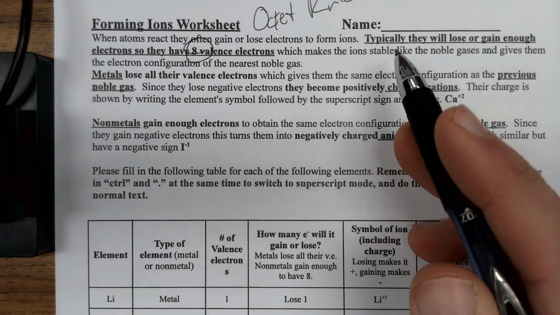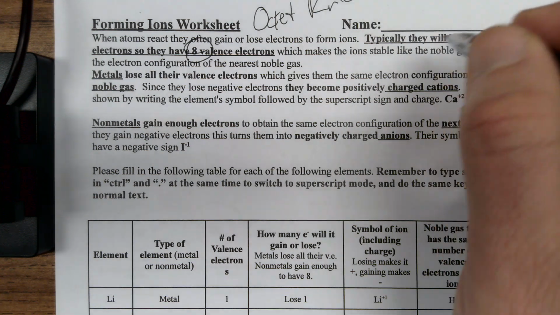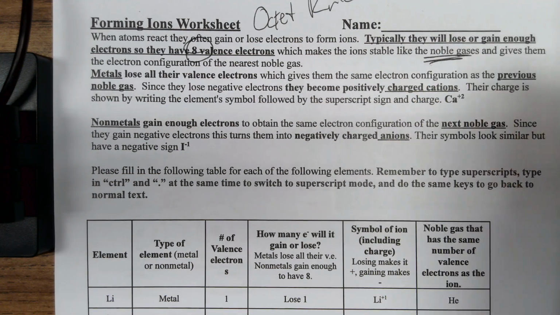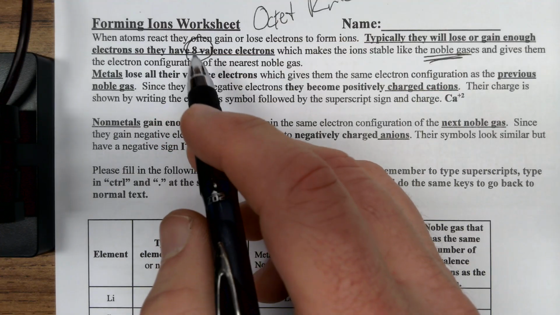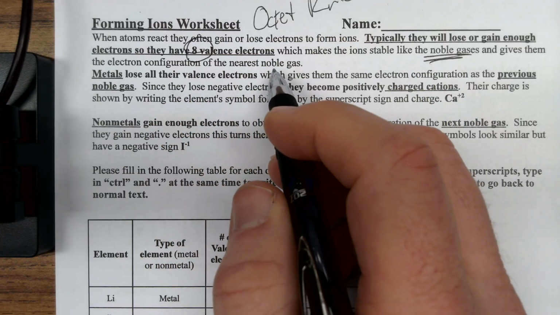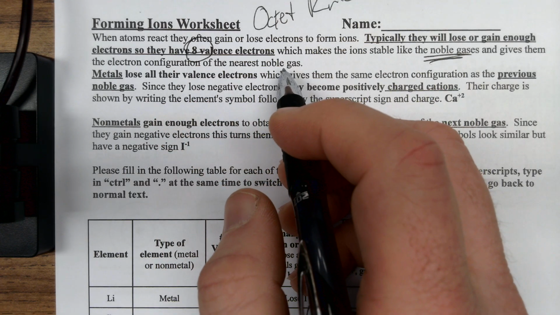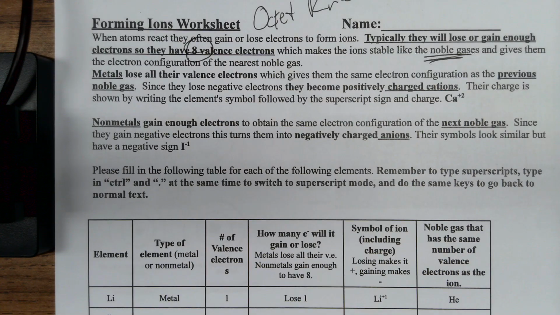Which makes the ion stable like the noble gases and gives them the electron configuration of the nearest noble gas. So when I looked at magnesium and I lost 2 electrons, if I looked at my periodic table, the closest noble gas to it was neon.